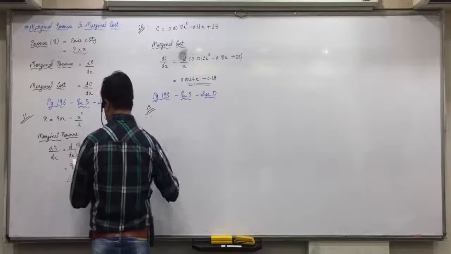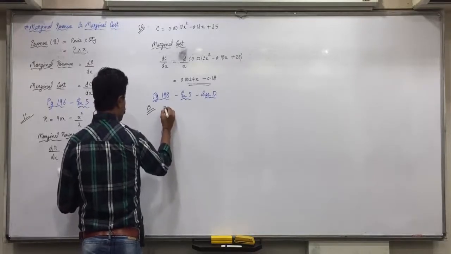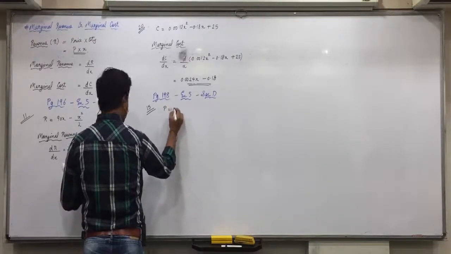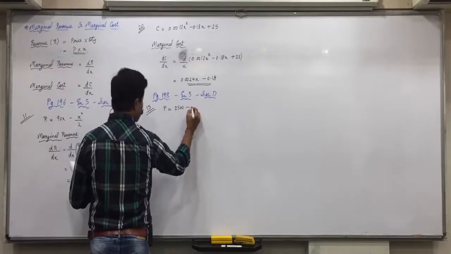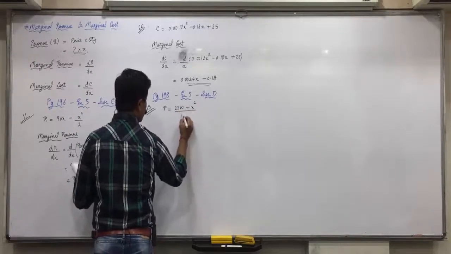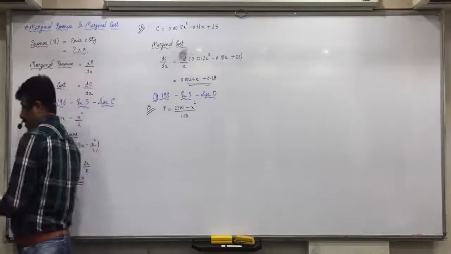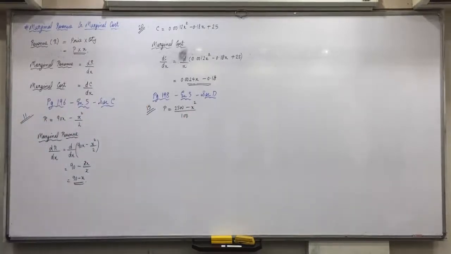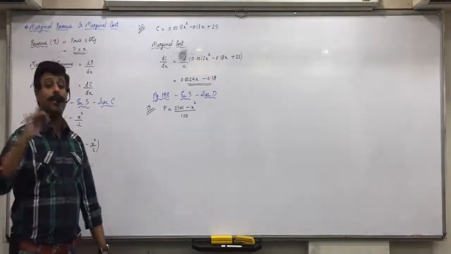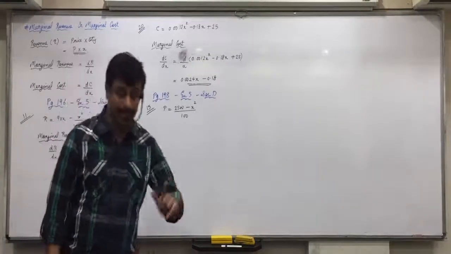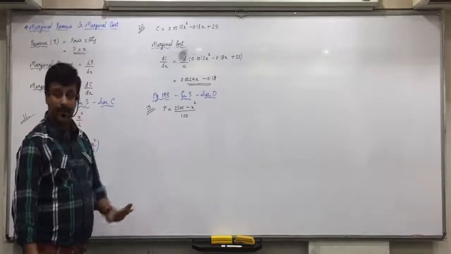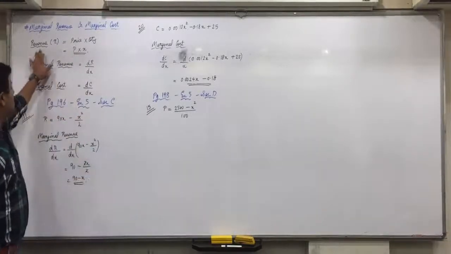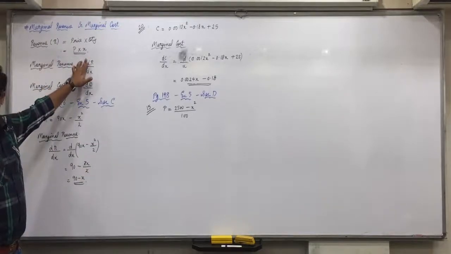Find marginal revenue if the demand function is P equals 2500 minus x square upon 100. Now, you are given the demand function, you are not given the revenue function, and you are asked for marginal revenue, not marginal demand. So you cannot directly do dP upon dx. We have to first find revenue, which is P into x.